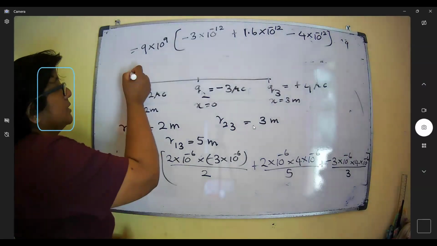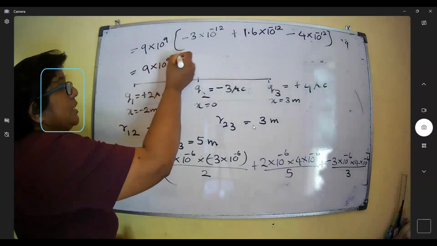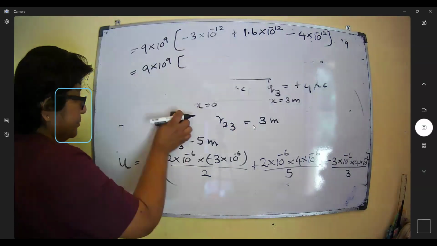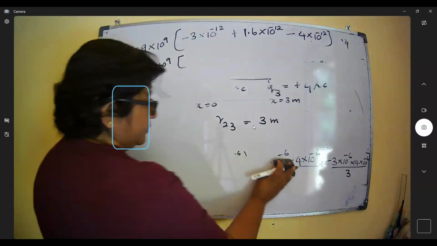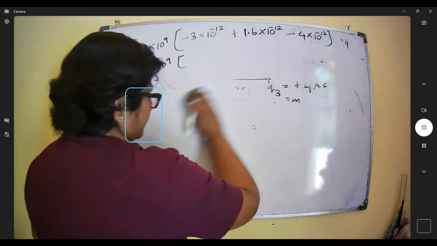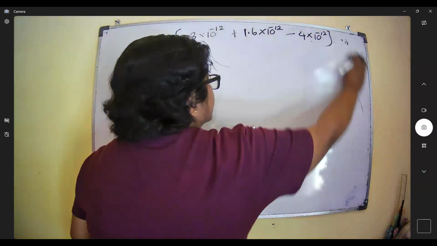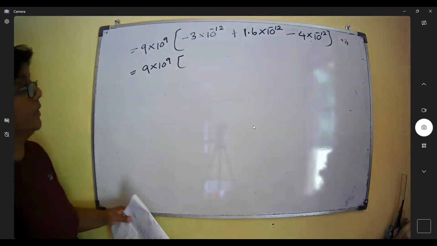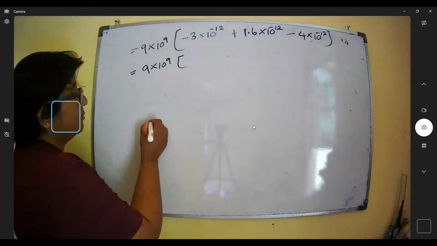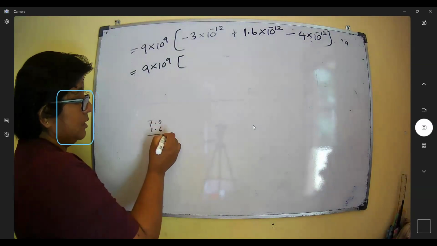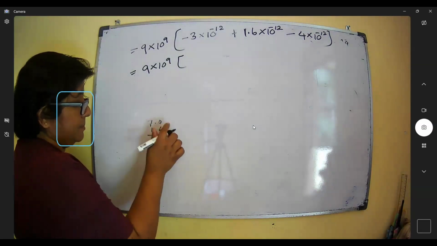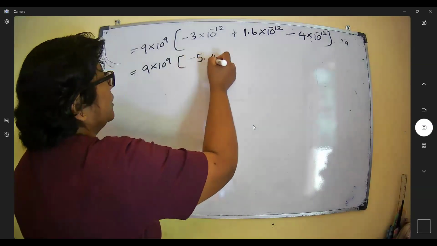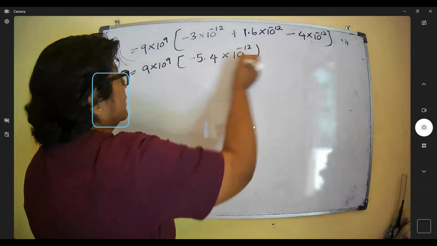So we can calculate the answer with 9 into 10 to the 9. The potential energy is negative. Then we can subtract from the answer. What is the answer then? 7 plus 1.6, minus 5.4 into 10 to the minus 12.